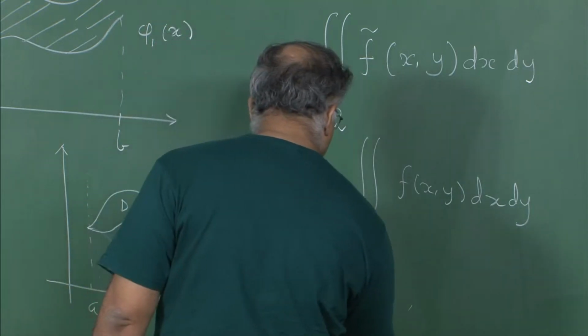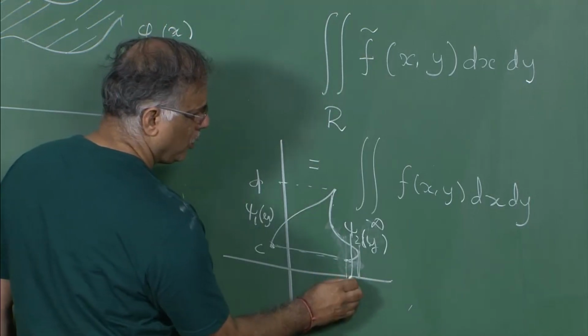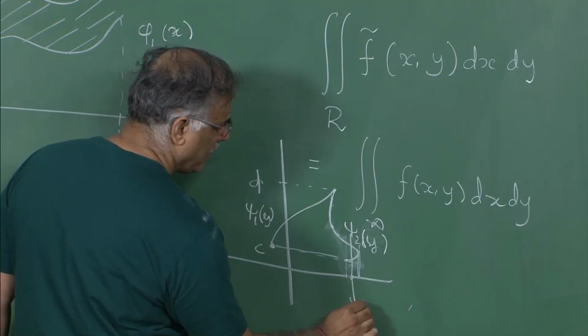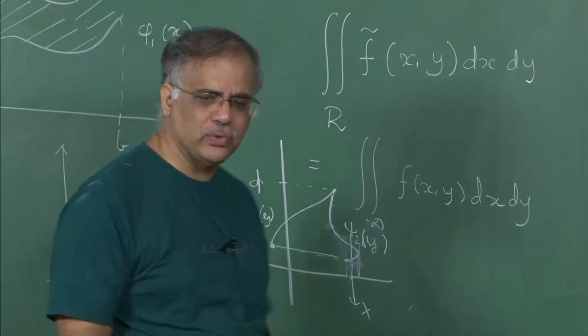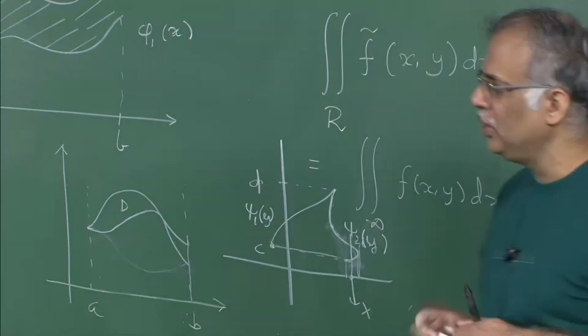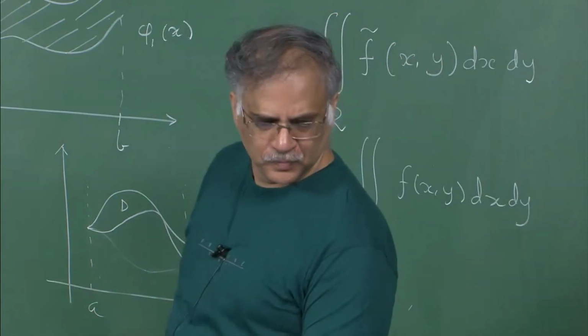You see, corresponding to this particular x, there are two values of y. So, this curve cannot be expressed as a function of x, so it cannot be made into a type 1 domain. For a type 1 domain, it has to be expressed as a function of x.